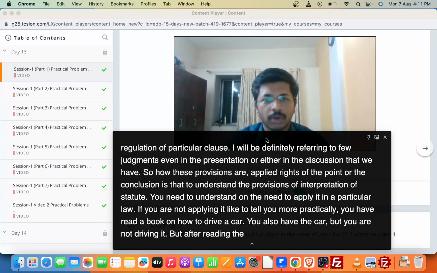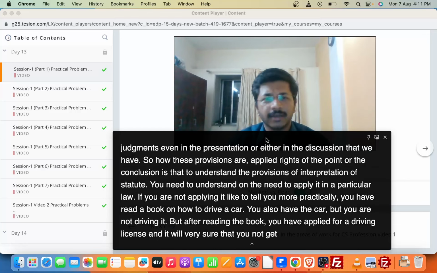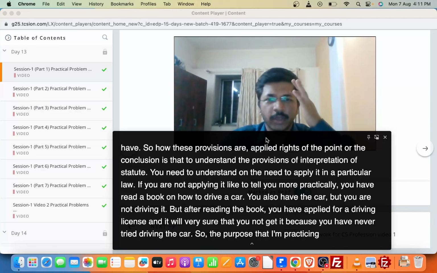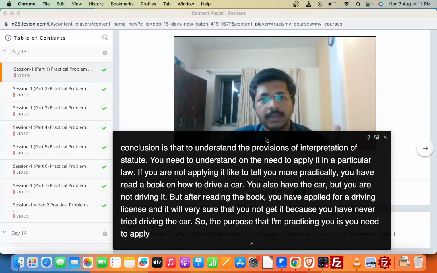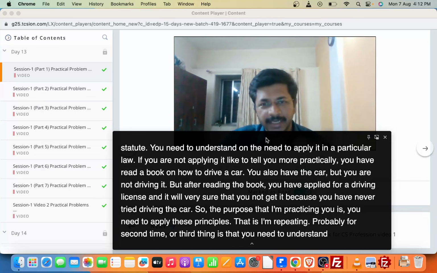After reading the book, you apply for a driving license, and it is very sure that you will not get it because you have never tried driving the car. So you need to apply these principles. I'm repeating, probably for the second or third time, that you need to understand the application.